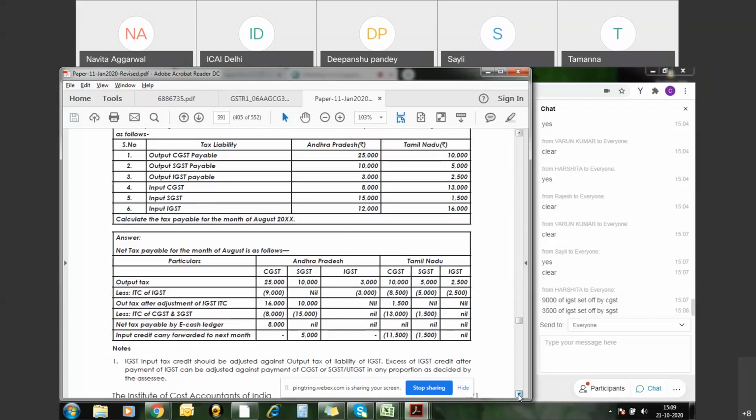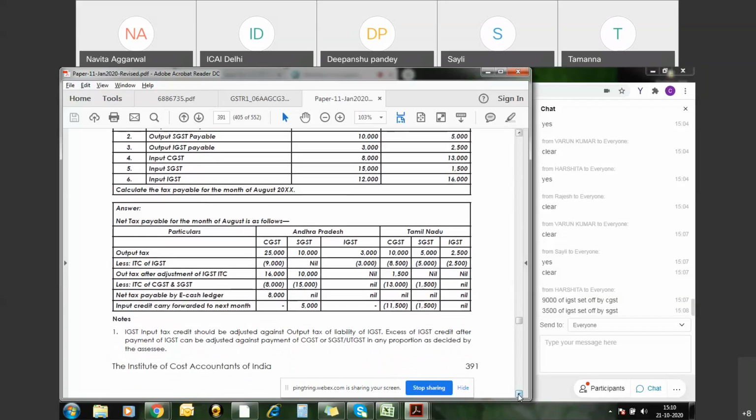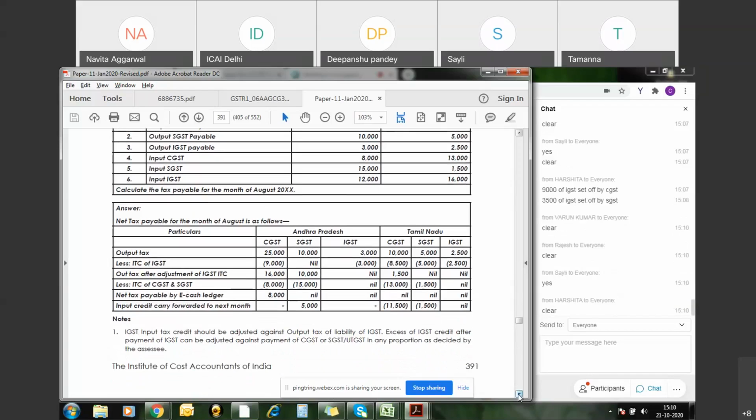Hope it's clear. 9,000 of IGST set off by CGST. It can be like this also. There is no problem in that also.